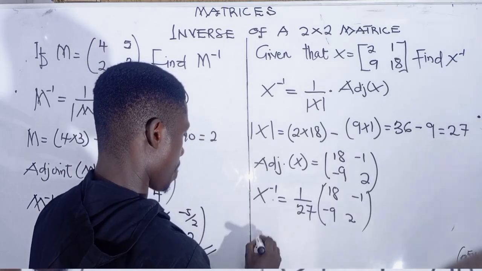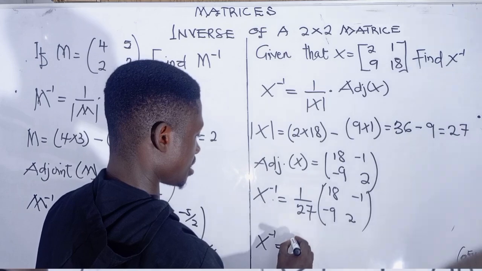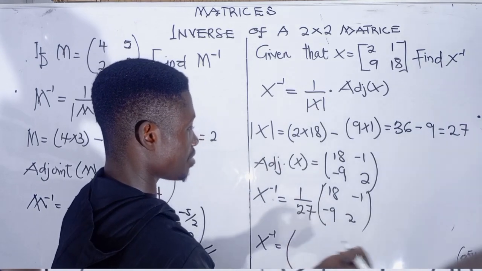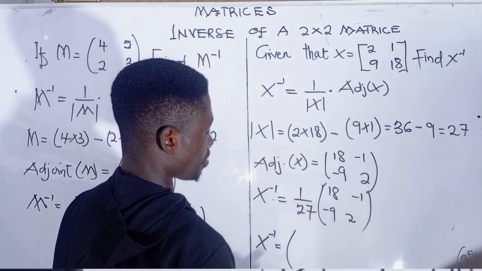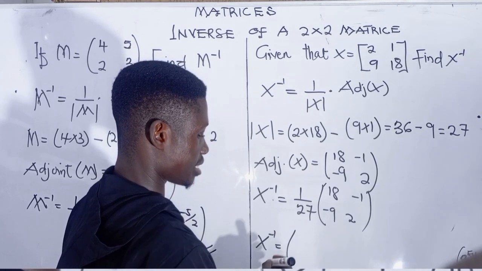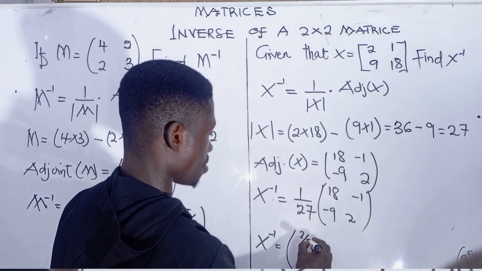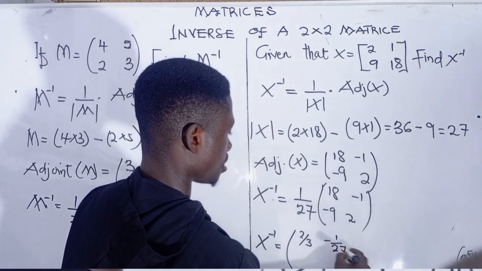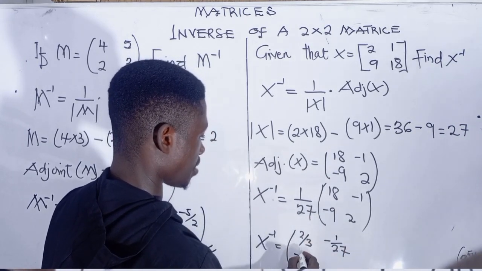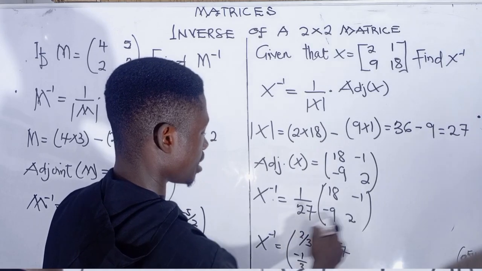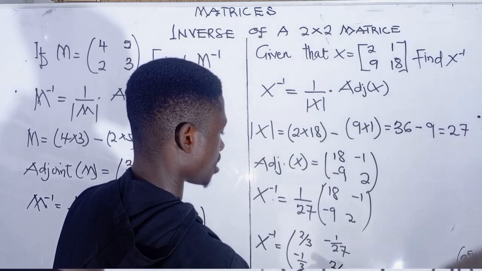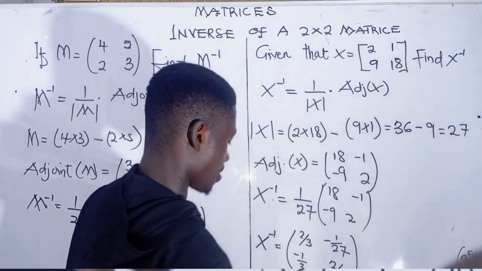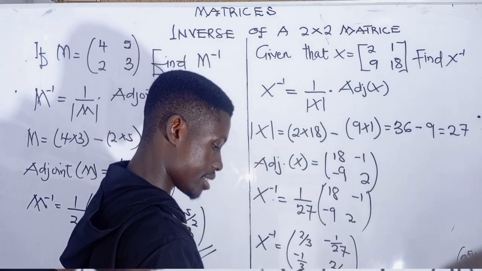So we have our inverse of matrix X. Let's simplify. This is going to give us what? 18 over 27 will give us 2 over 3, right? So we have 2 over 3, and this is going to give us minus 1 over 27. This also gives us minus 1 over 3, and this will give us 2 over 27. As easy as that.